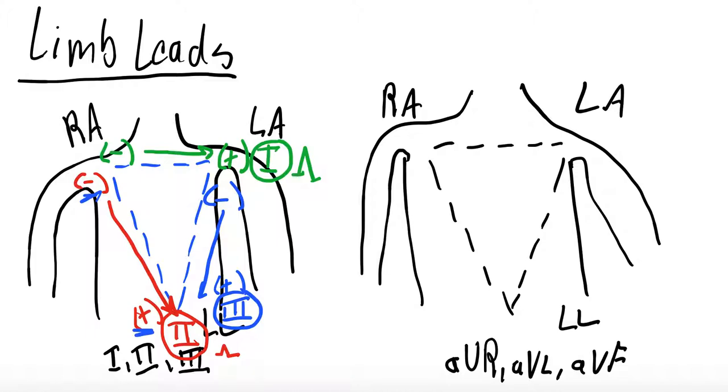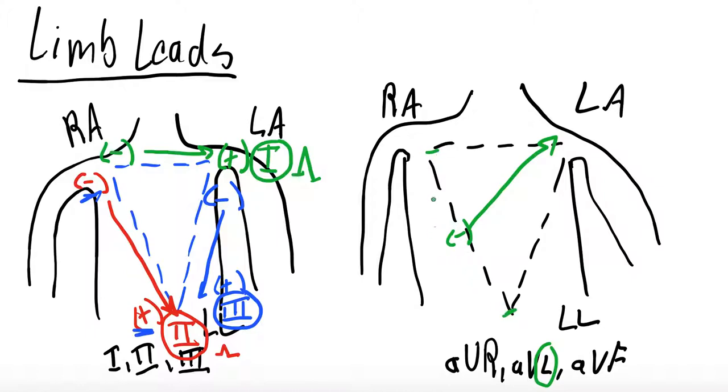So for aVL, the direction of the depolarization always goes towards what the descriptor is. So aVL, there's obviously an L for left, so it's going to go from a negative to the left arm being the positive. The negative area is actually in between the two.